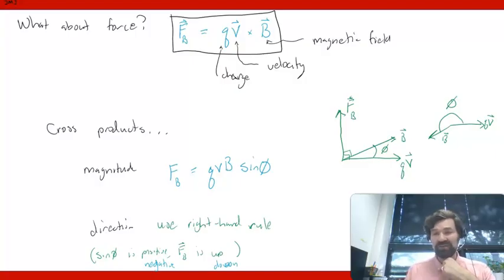If you're looking at the screen here, and we've got this vector and this vector, if sine of phi is positive, then FB will point out of the page towards you. And if it's negative, then FB will actually point into the page away from you. So if we draw for this one, this actually ends up being negative. So in this case, we would actually draw FB pointing into the page away from us.